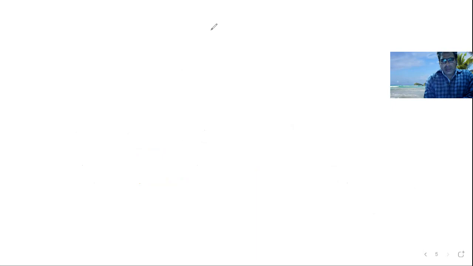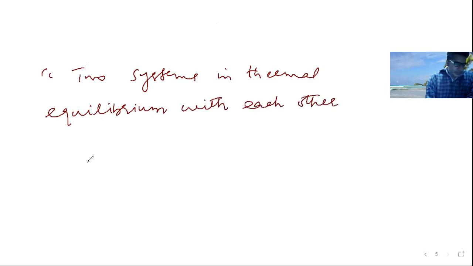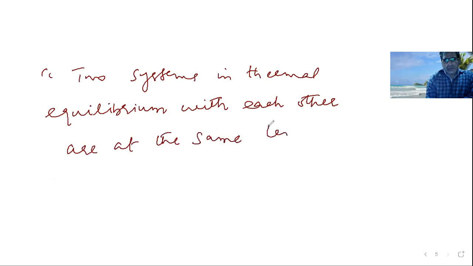So we have a rule in thermodynamics. Rule is: two systems in thermal equilibrium with each other are at the same temperature.